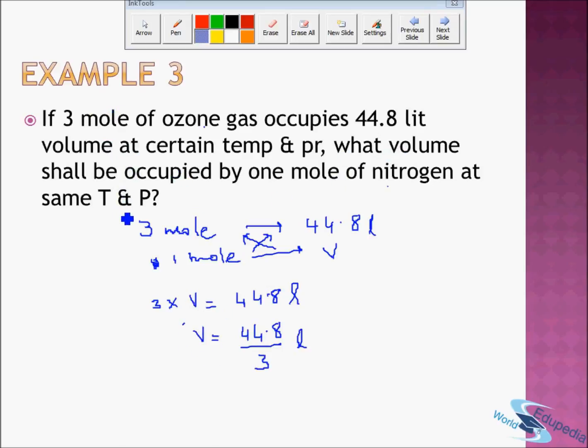We don't have to know the temperature and pressure given in the question, because we have already been given the relation between moles and volume here. We just need to know that they are maintained constant. So 1 mole of nitrogen gas will also occupy 44.8 by 3 liter of volume.